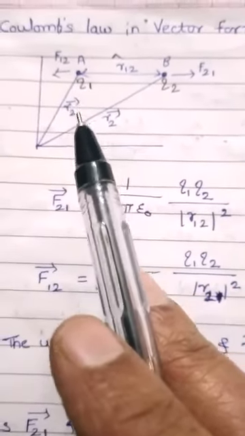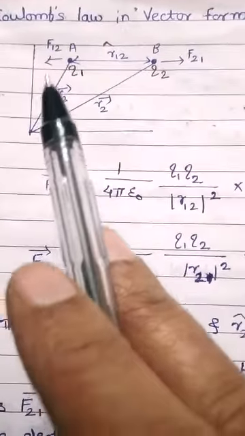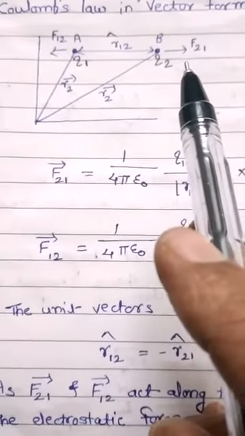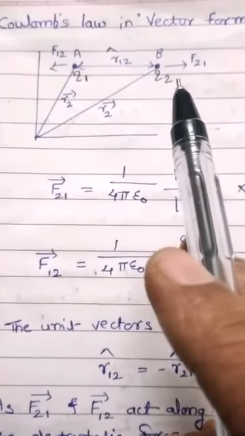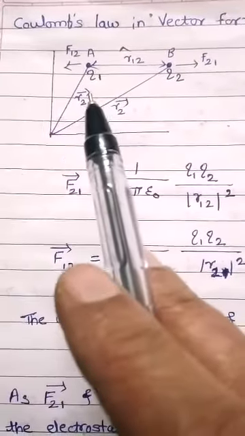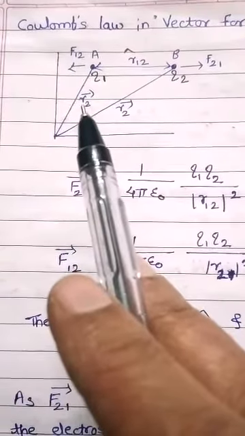F21 denotes the force exerted on Q2 by Q1.